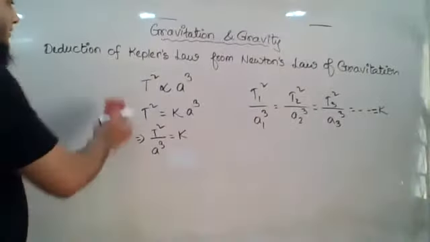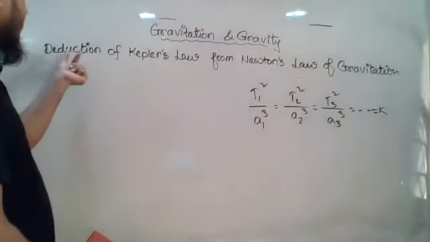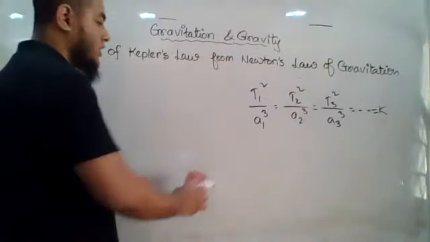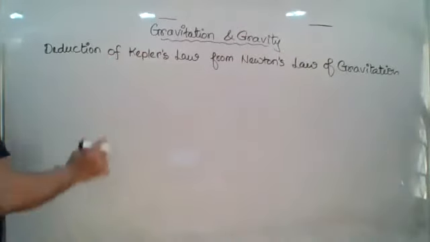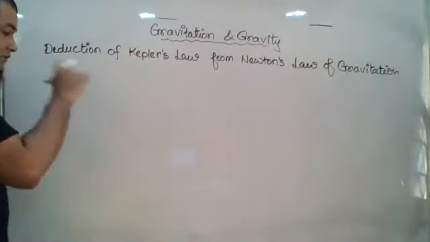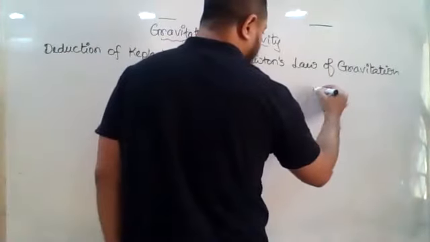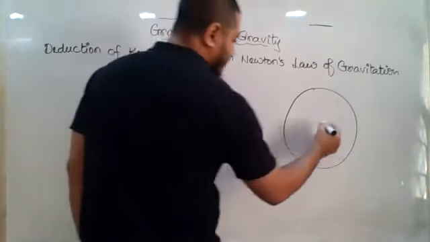Now we are going to actually deduce this Kepler's law from Newton's law of gravitation. How can we do that? Let us see. For this deduction, we are considering the orbit to be circular.